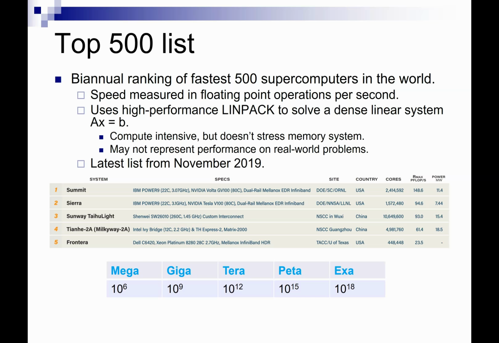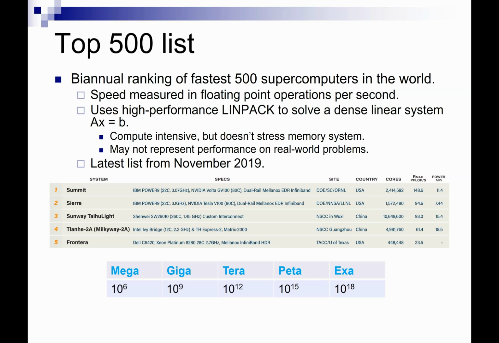Okay, so something else I'll mention is that we have this terminology for various speeds and various sizes in computing. So mega is 1 million, giga is 1 billion, tera is 1 trillion. Peta is 1,000 trillions, and the next step up from that is going to be exa, which is 1,000 petaflops.